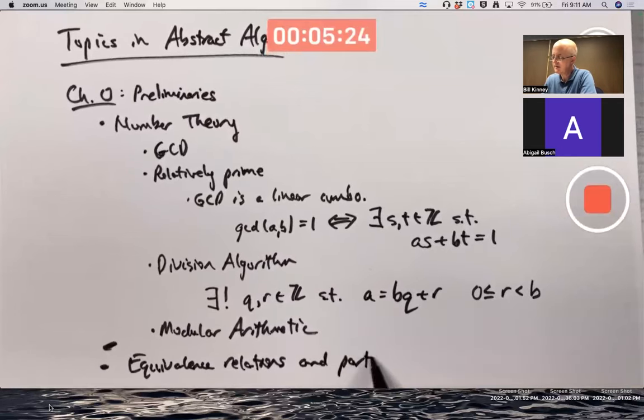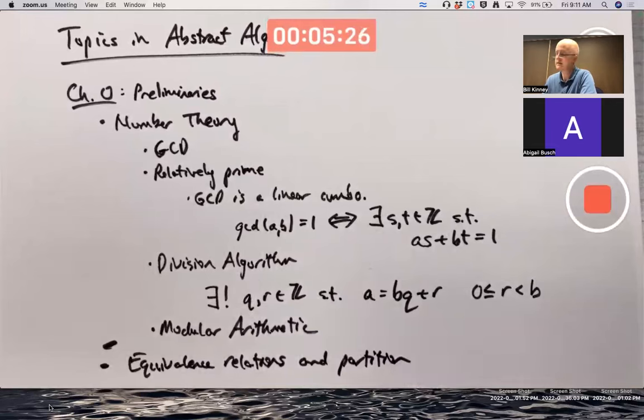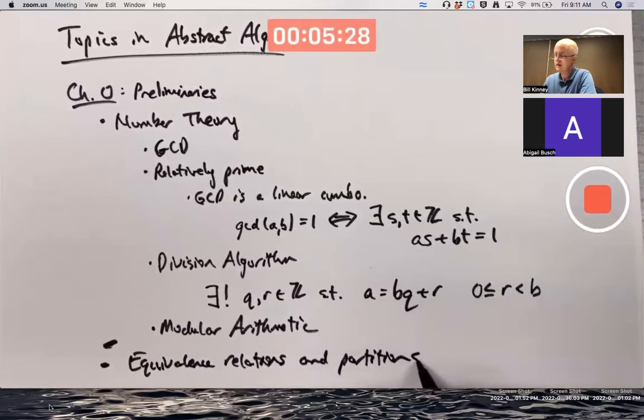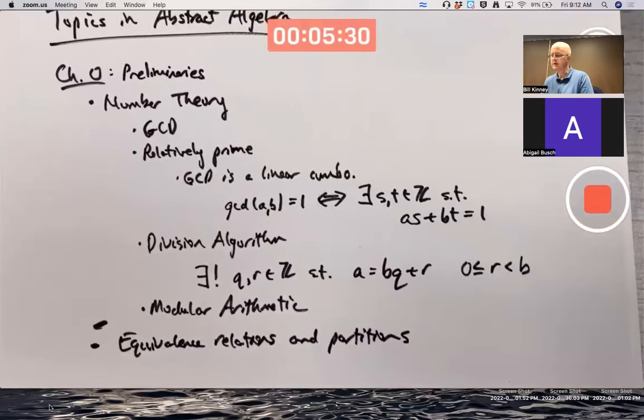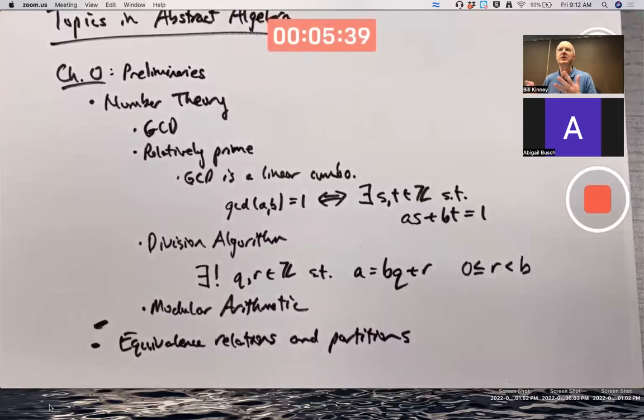By the way, anytime you feel like you want to ask me a question, please let me know. With equivalence relations, it generalizes the idea of equality. And for example, congruence mod 5 is an example of an equivalence relation. When you've got two integers whose difference is a multiple of 5, they are congruent mod 5. That's an example of an equivalence relation.